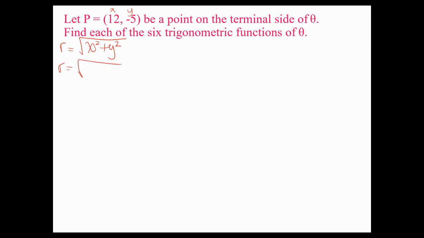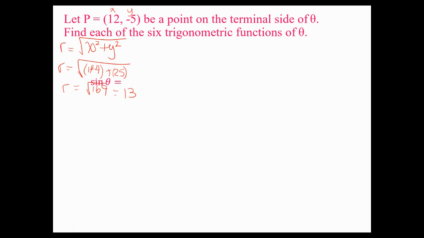So r equals the square root of 12 squared, which is 144, plus negative 5 squared, which gives us 25. Add that together, and r equals the square root of 169, which is beautiful because we know that equals 13. No need to rationalize.